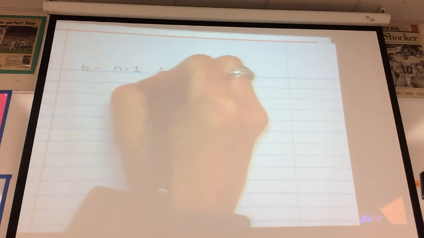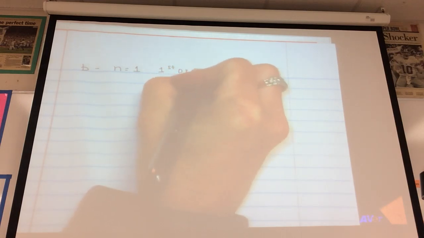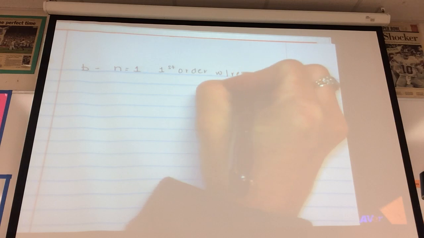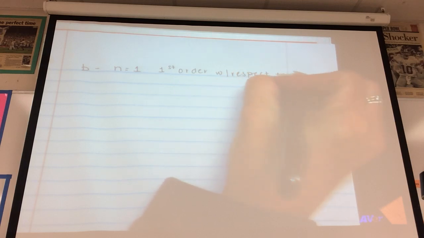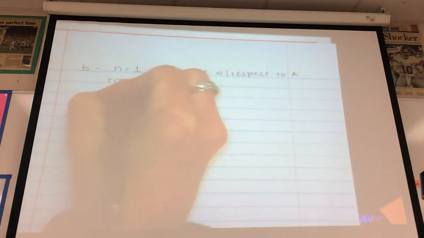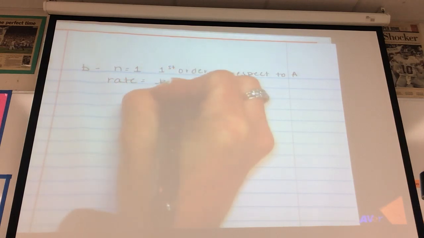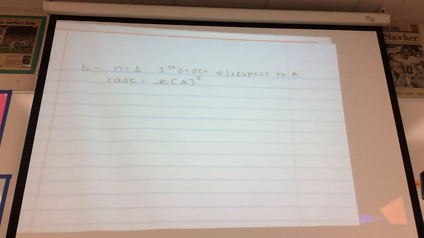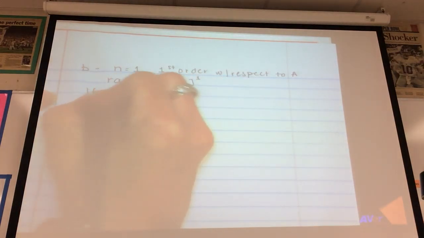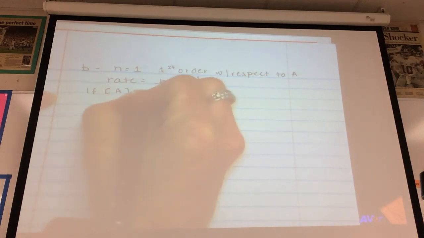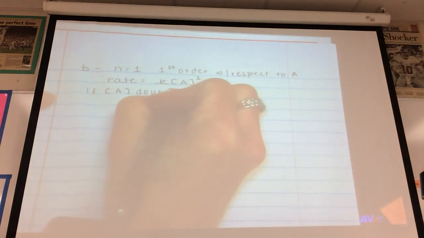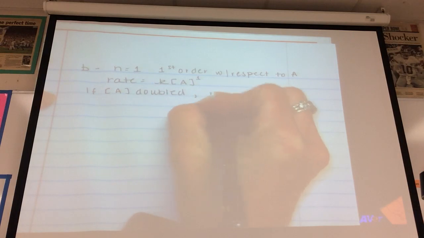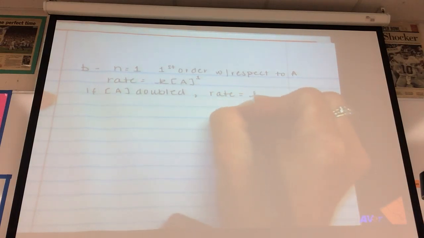All right, so in B, if n is equal to 1, we have first order with respect to A. So we would have rate is equal to k, concentration of A to the 1. If the concentration of A is doubled, then rate is equal to k.